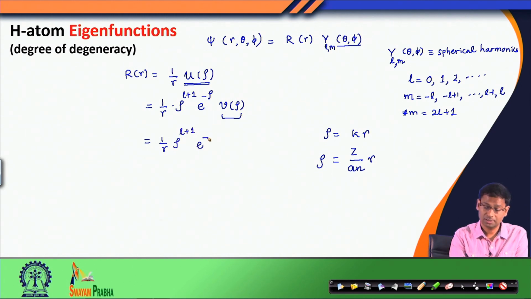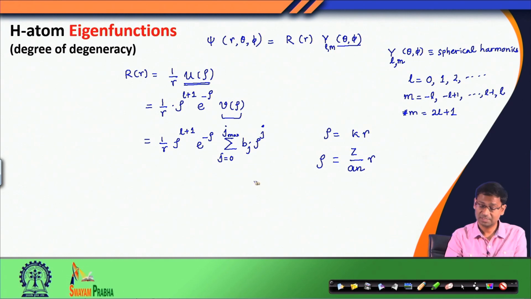Since we did not know the functional form of this, we used a power series expansion, where we defined V of rho as a sum of Bj rho to the power j, where j goes from 0 to some value j max.